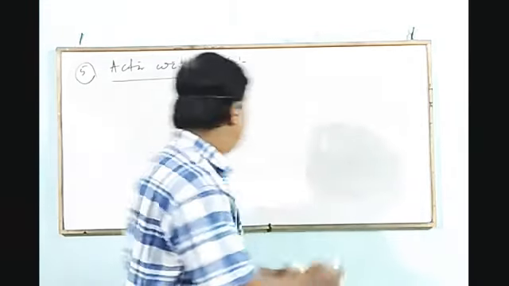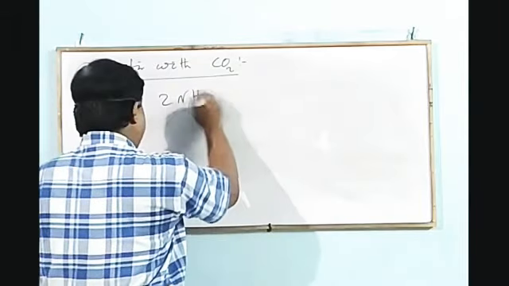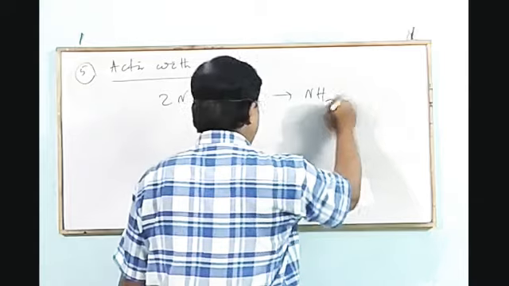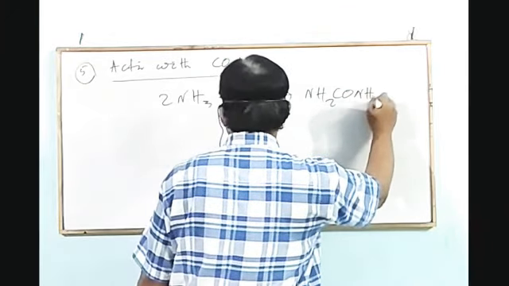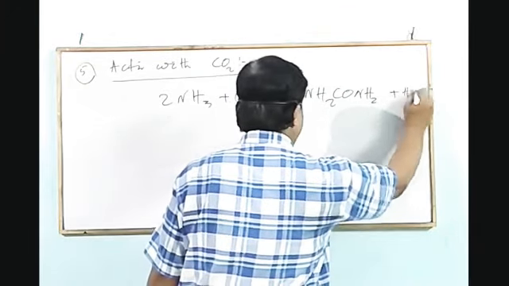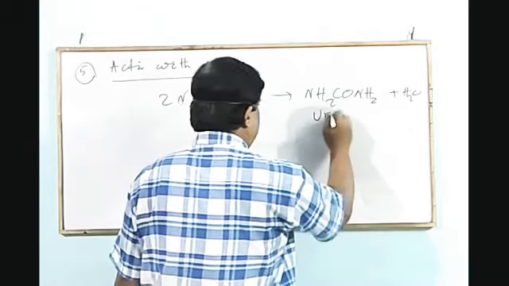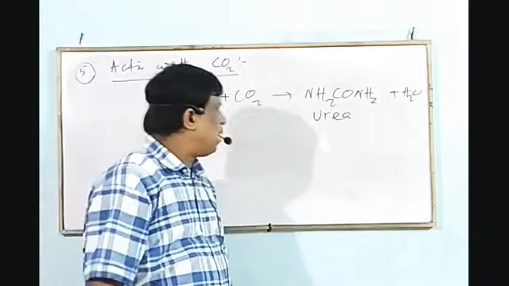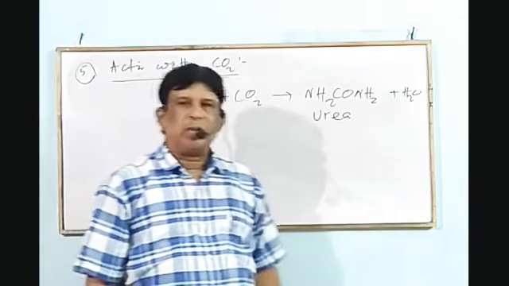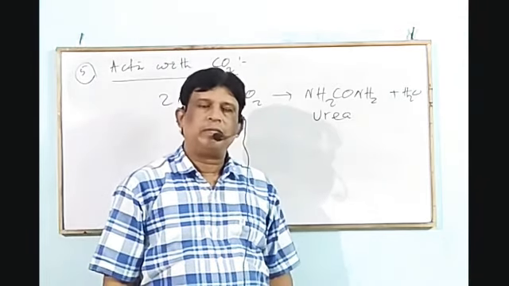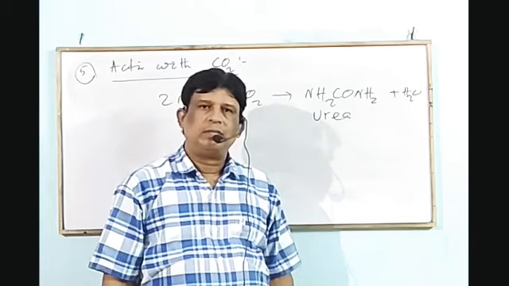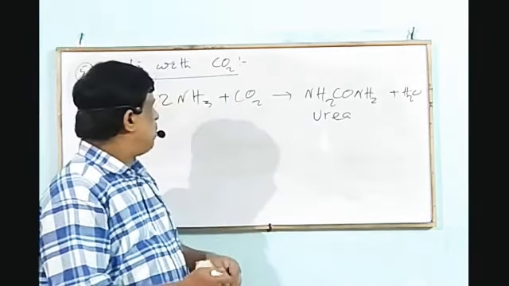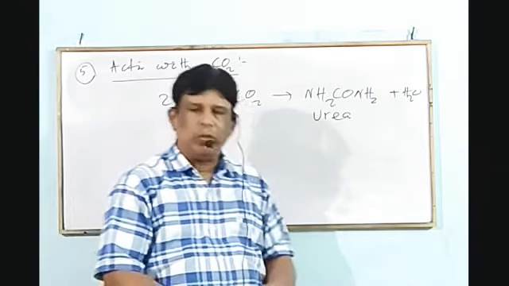Mark the equation. NH3 combined with CO2, resulting in the formation of NH2CONH2 plus H2O. It is known as urea. These are some chemical properties of ammonia.